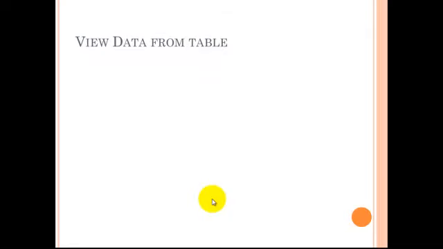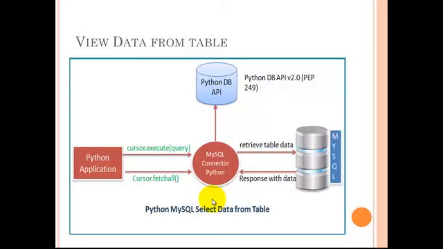How do I fetch the data from my table? First of all, the same process: the Python API sends a request for connectivity, and a request to fetch records is given to the connector, where the connector handles the request as fetchone or fetchall. Fetchone is only 1 record, fetchall is multiple records.